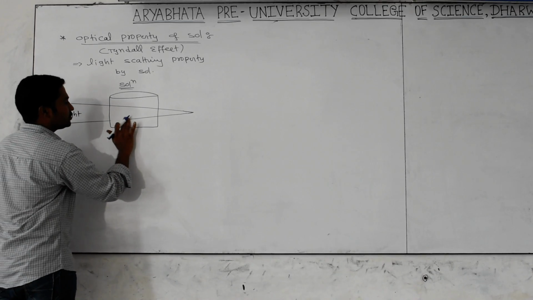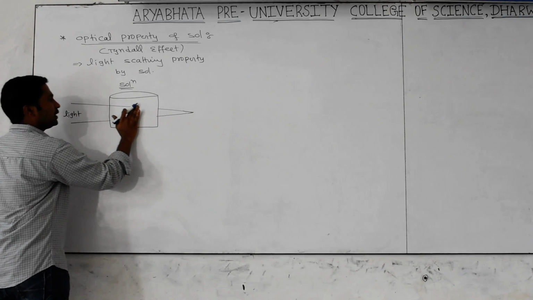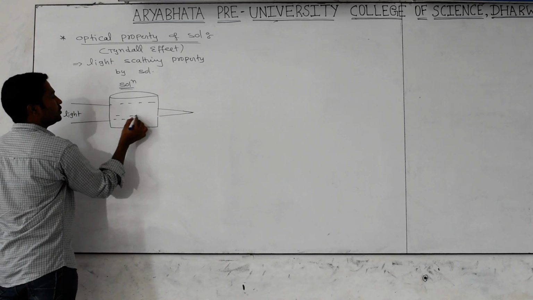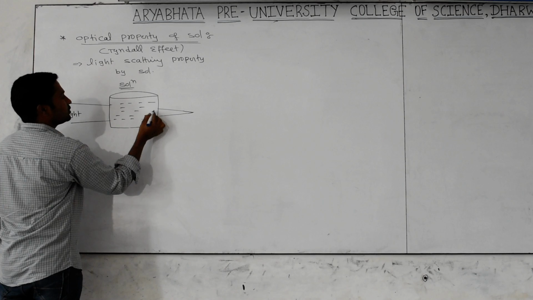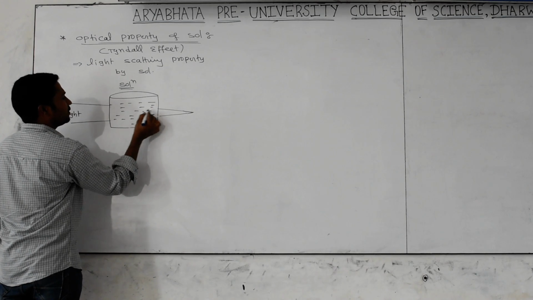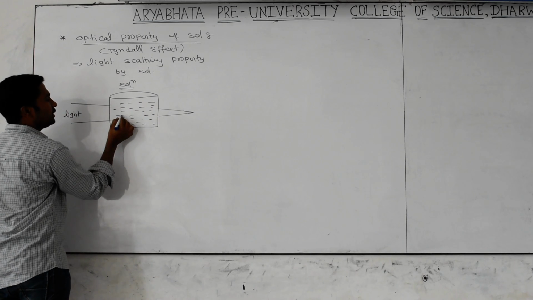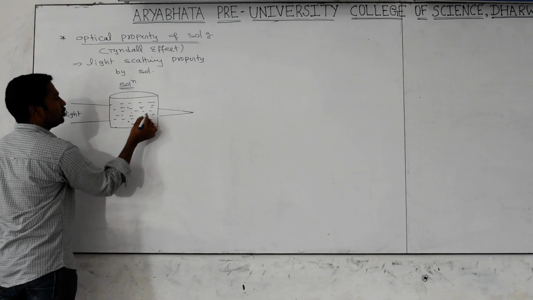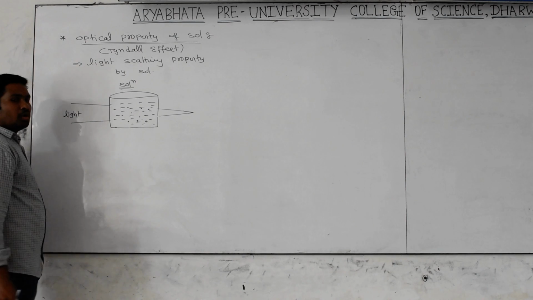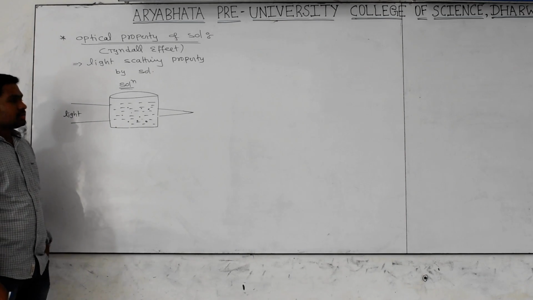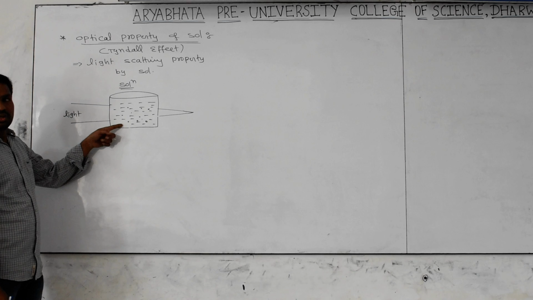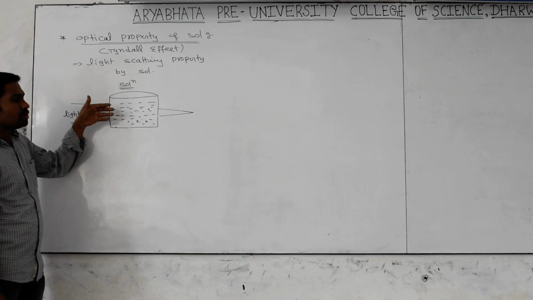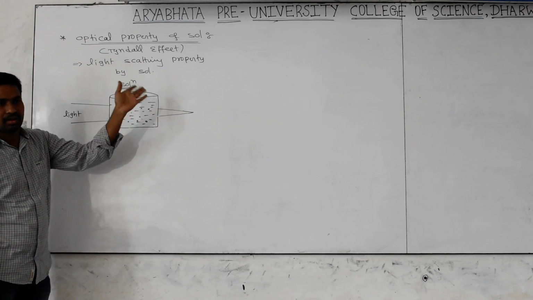Whenever you send light rays through that solution, solute will be there as well as solvent. Observe very carefully, it is a very simple concept. In this there will be very tiny solute particles. Whenever you pass light rays through the normal solution, without any reflection it passes through the solution and comes out at the other side.